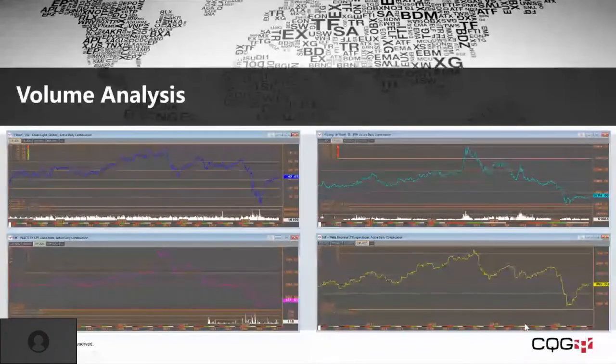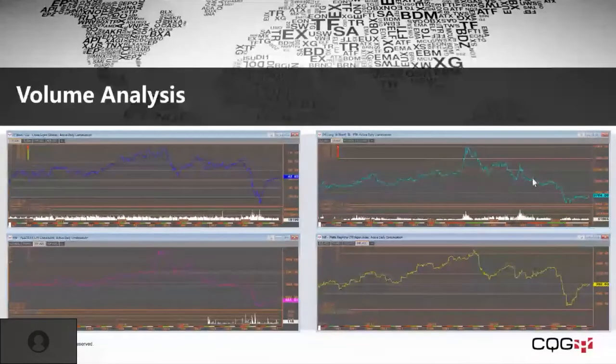Not sure if this is very clear, but we can see at the top left the price of crude oil, WTI, displaying a very high volume and very high liquidity.